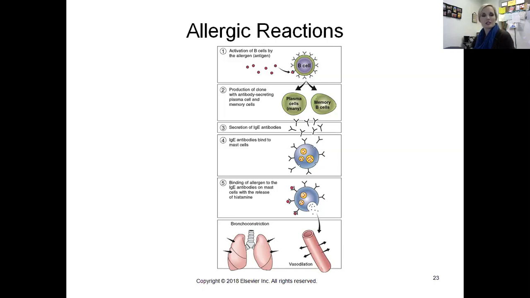So that's why oftentimes in more mild allergic reactions, we can take things like Zyrtec and Allegra and those types of over-the-counter medications that will help counteract that histamine and that allergic response.